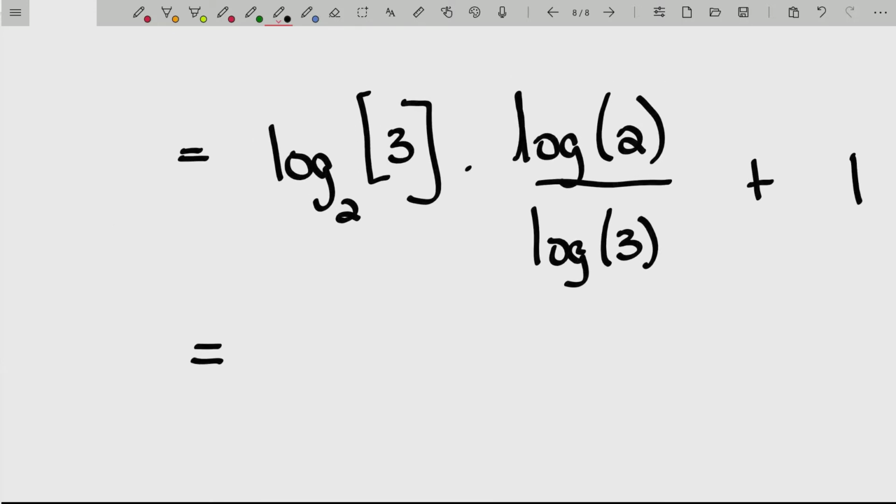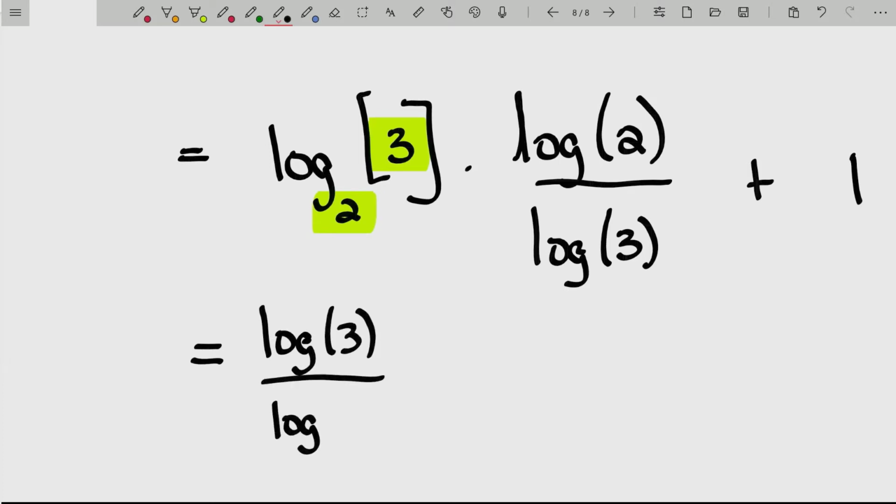I know that I can rewrite this logarithm here as log base whatever I want of 3 over log base the same base of 2. So I'm going to write it as log base 10 of 3 divided by log same base of 2. Notice what we get in the end.